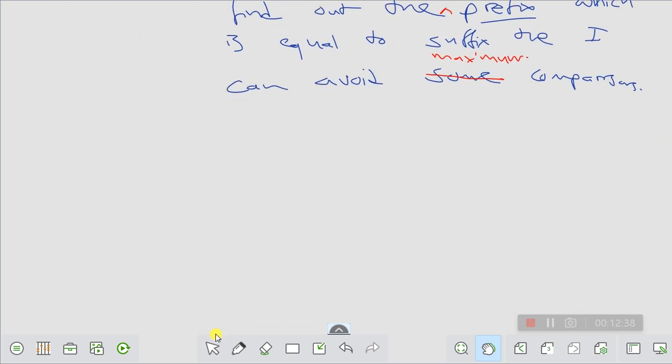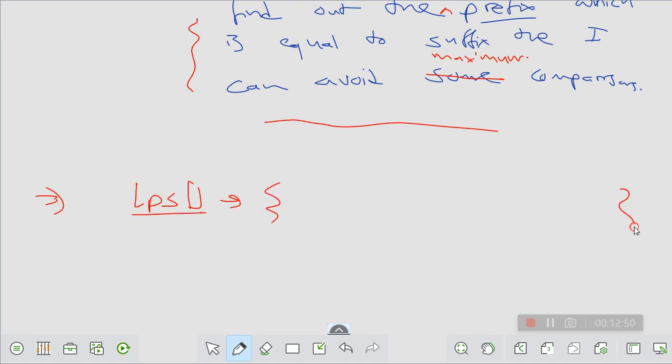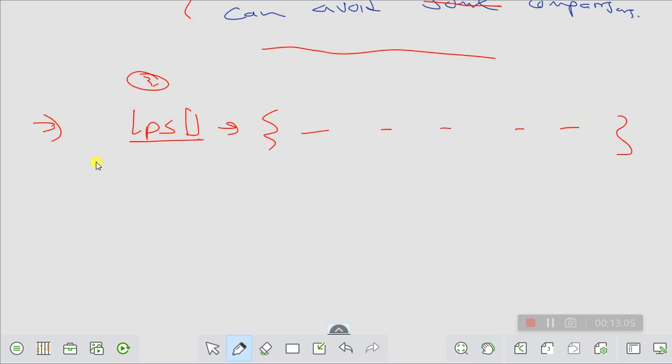Now I'm going to tell you, this statement gives us an idea about the LPS array. The LPS array says that, hey, you don't have to worry about the longest prefix suffix, I'm going to give you that, you just have to focus on the string pattern finding. So this LPS array is going to give me the longest prefix suffix. For now, I just want you to assume that this LPS array is abstract, so I don't have to worry about the implementation.